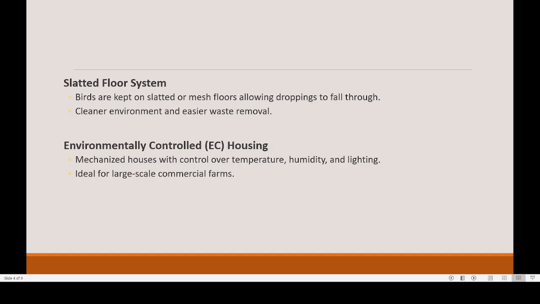So waste management is one of the most important problems in any poultry management. When we are growing 10 chickens, it may not be a problem. But if we are rearing thousands of birds, then it will be a major problem unless we have a special system for waste management.